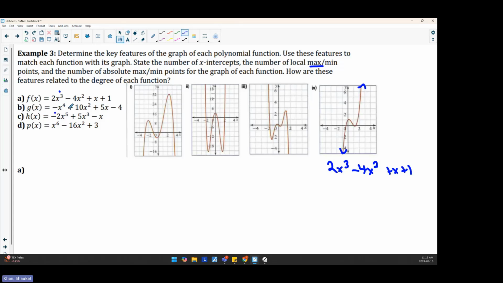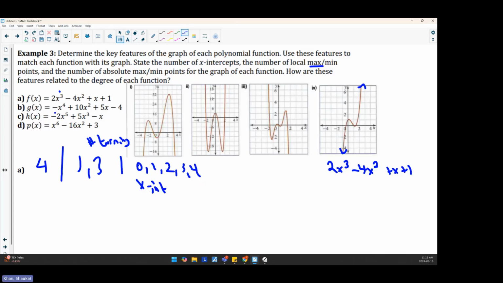All right, so B, this is even, so 4 is even. So the number of turning points is either 1 or 3. And then x-intercepts can be 0, 1, 2, 3, or 4.